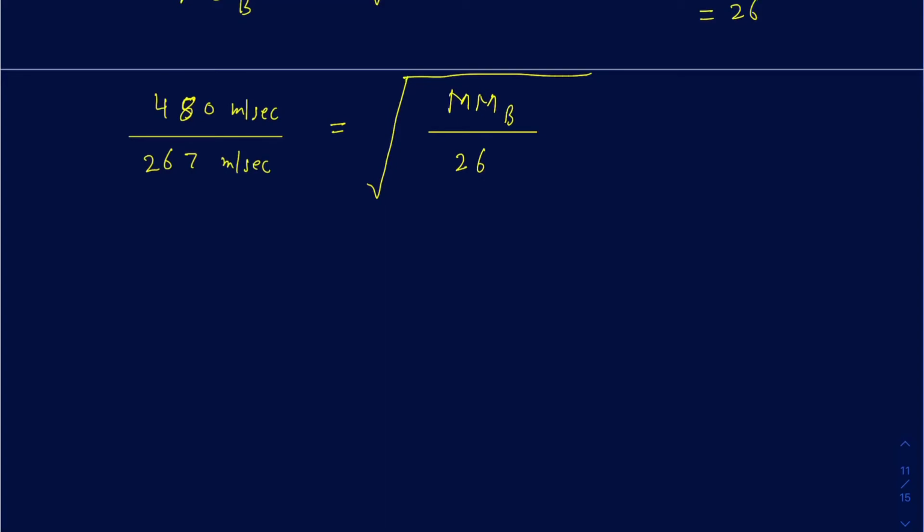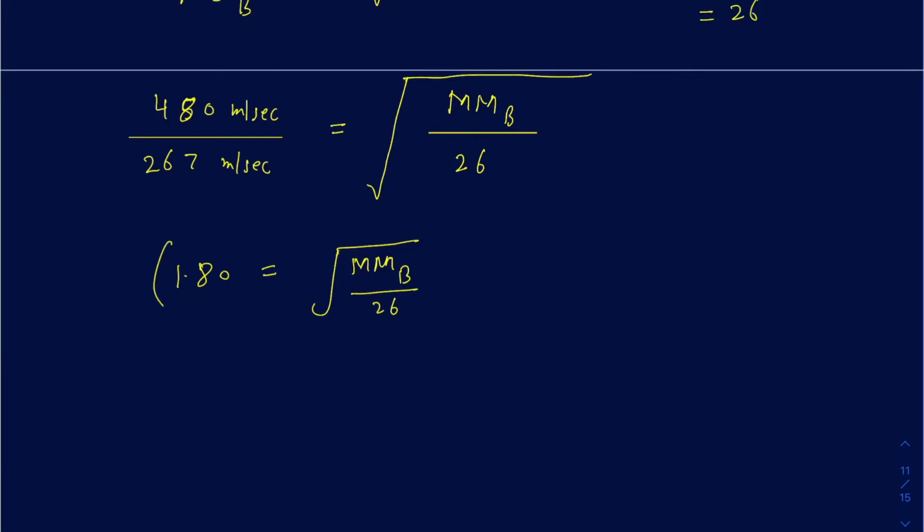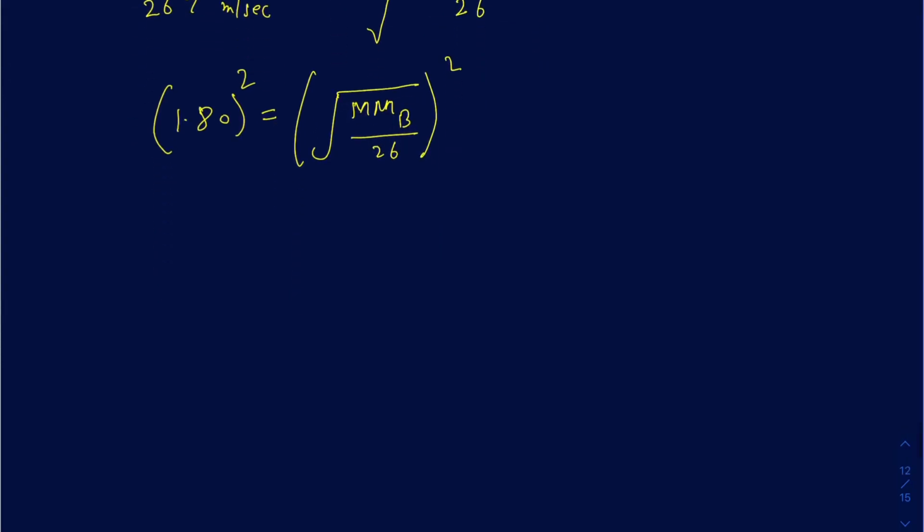So it's more or less solving the mathematical problem here. So I'll do 480 divided by 267, so that comes out to be 1.80, and that's going to be equal to the square root of the molar mass of gas B divided by 26. And how would you get rid of the square root? Well, I can square both sides.